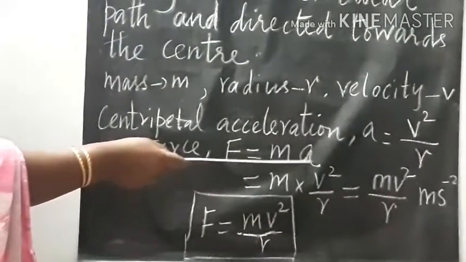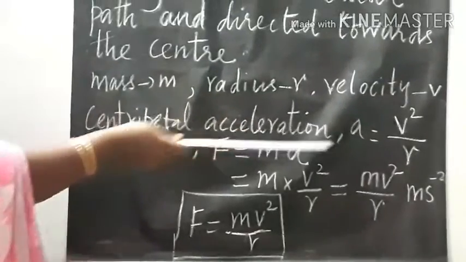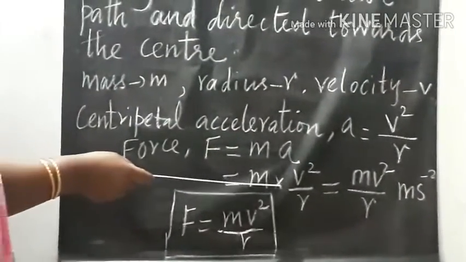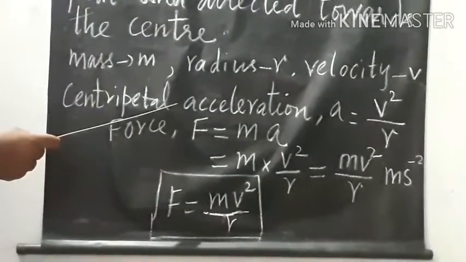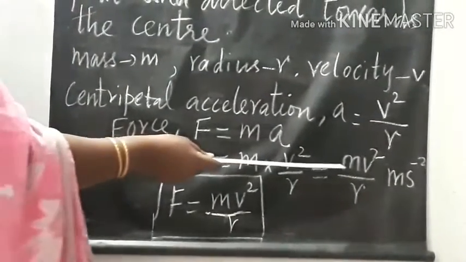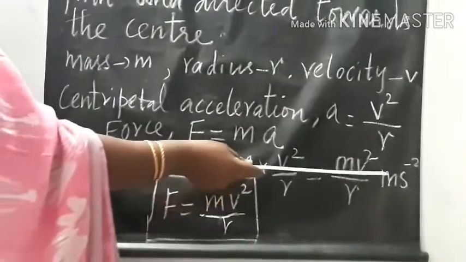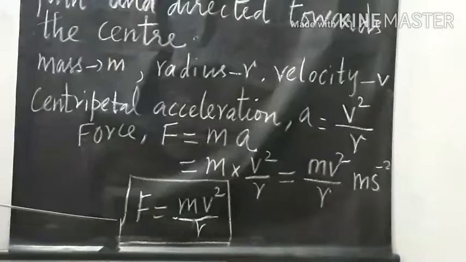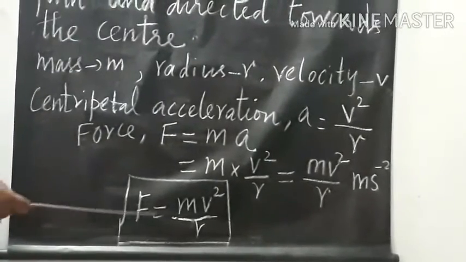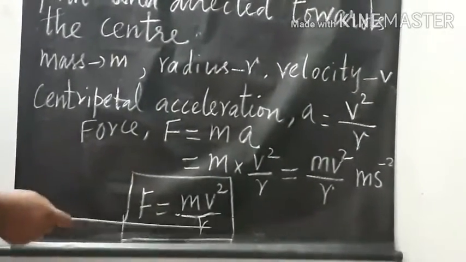Substituting a = v²/r, this is equal to m × v²/r. So what is the formula for centripetal force? F = mv²/r.